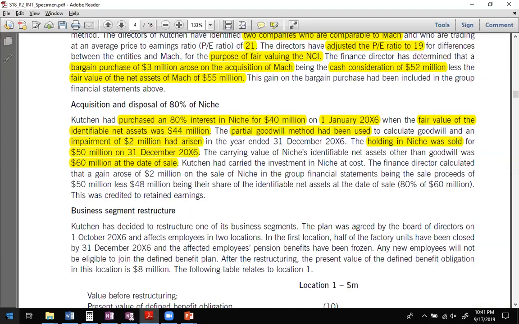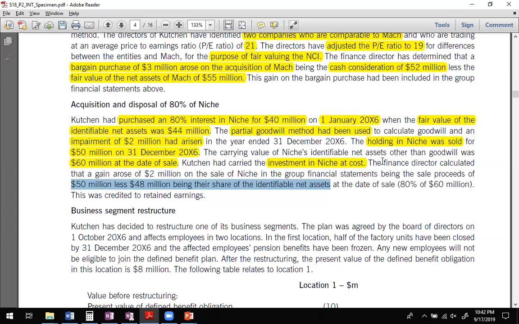And the question further says that Cochin had carried the investment in Niche at cost. This means the question is talking about the individual financials. In individual financials, Cochin had carried the investment at cost. The finance director calculated that a gain arose of 2 million on the sale of Niche in the group financial statements, being the sale proceeds of 50 less 48 being their share of the identifiable net assets.